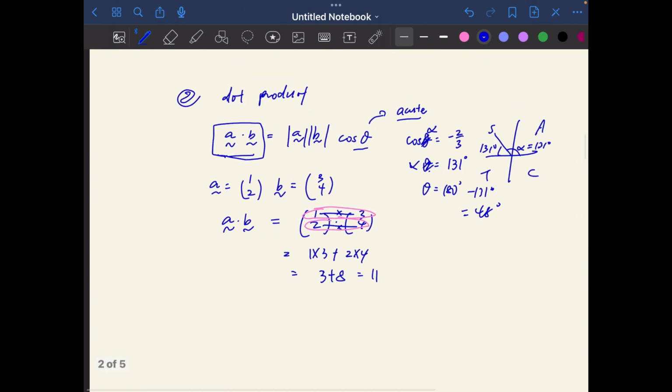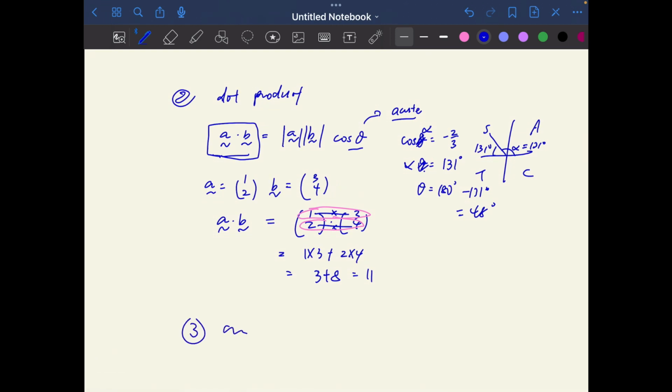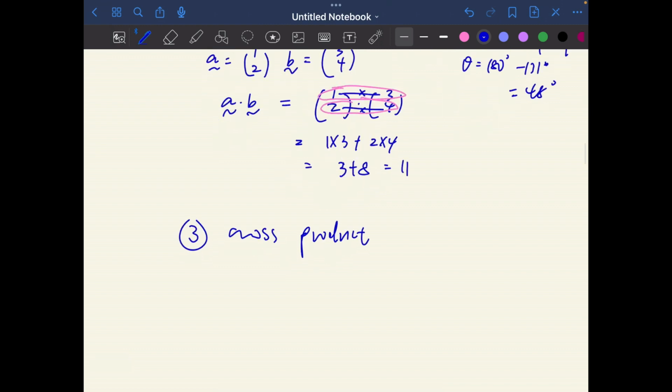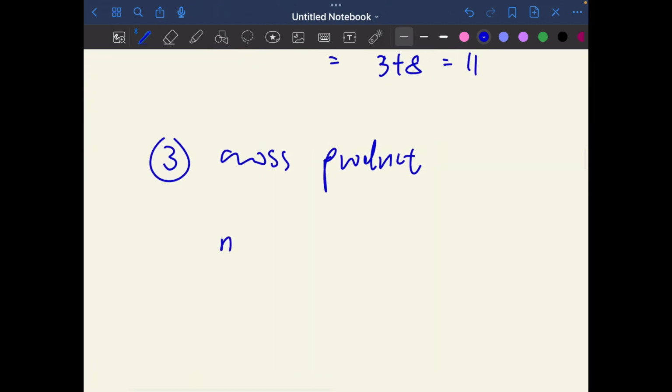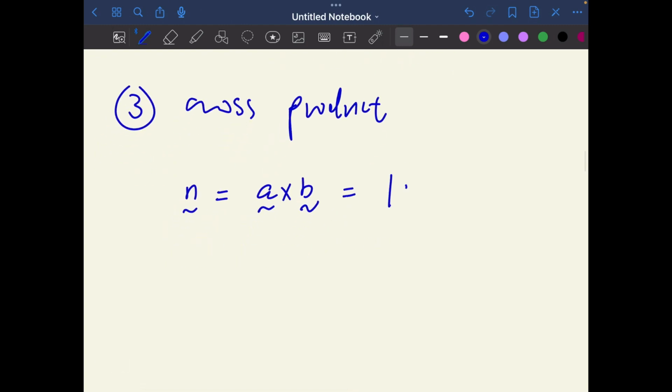Let's move on to the cross product, which gives us a vector. The formula is n vector equals a cross b, which can be rewritten as mod a mod b sine theta.